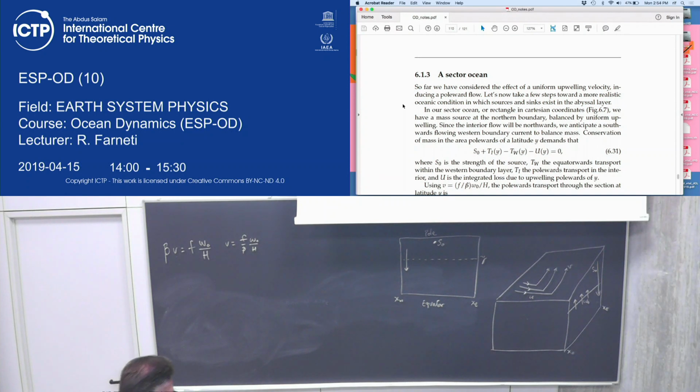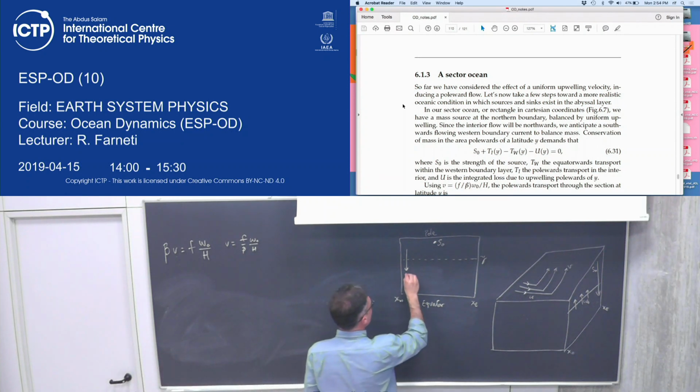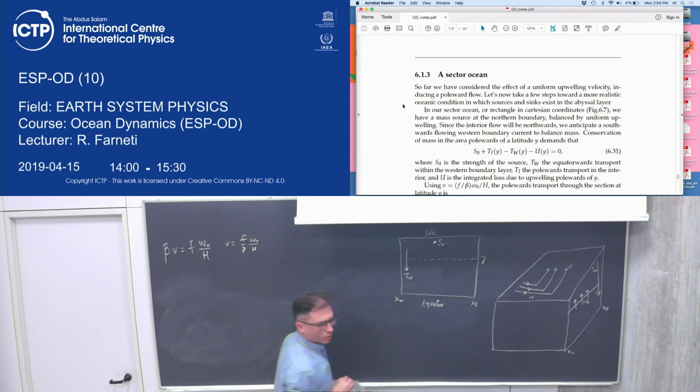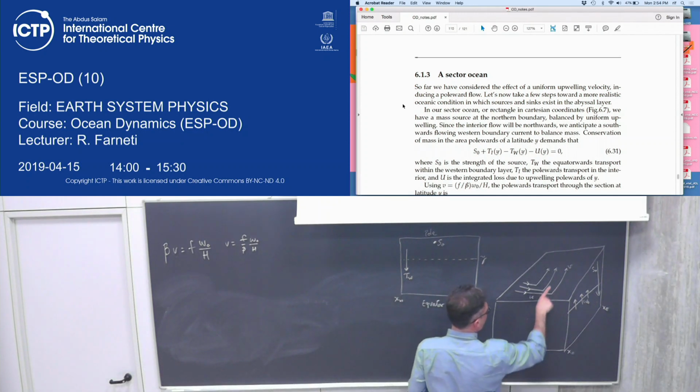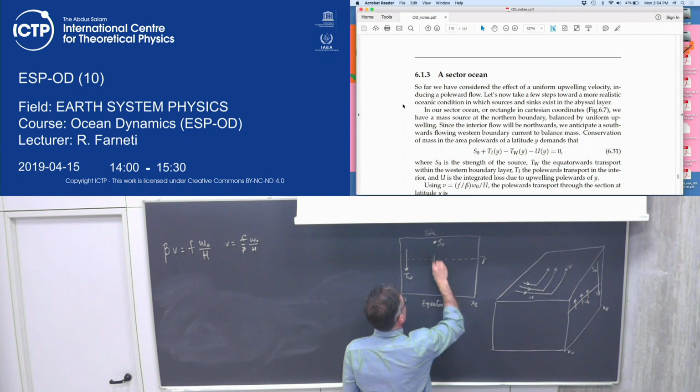You will get a western boundary current, and we will call this T west, transport, T for transport. And the interior transport, which is given by this V at the surface, is going to be some T interior.